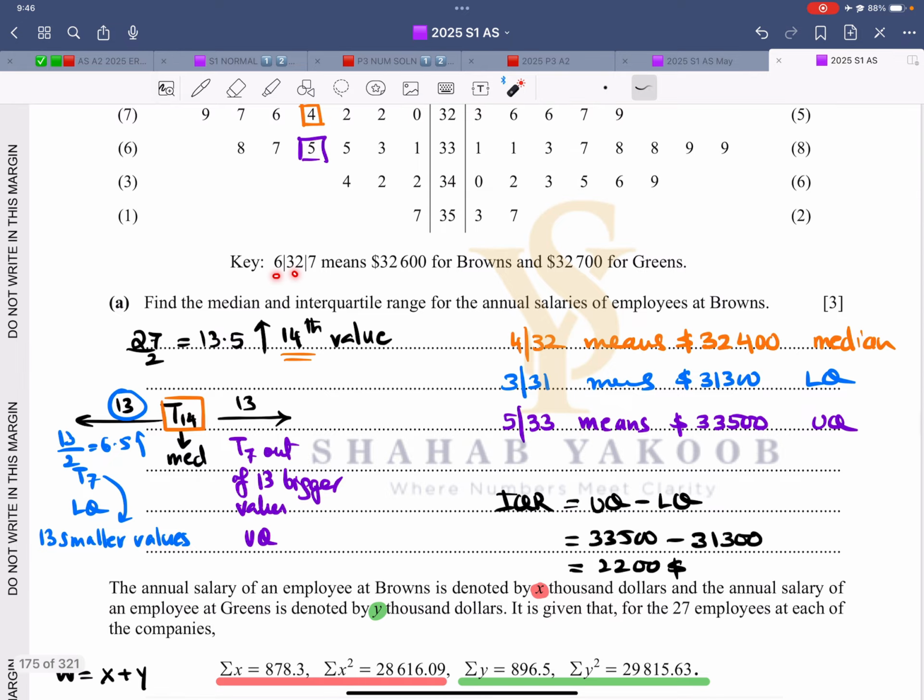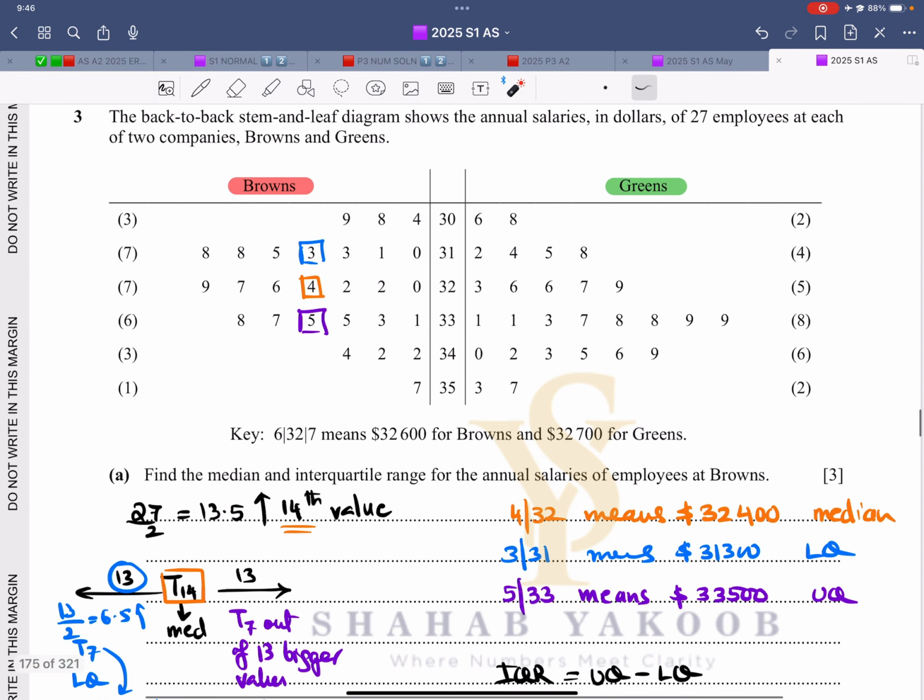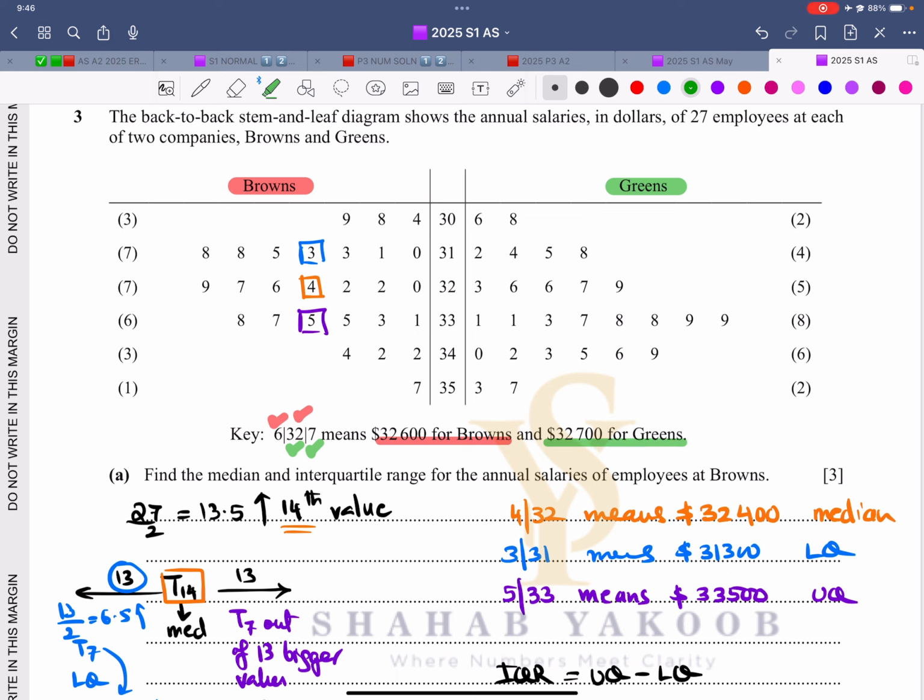Now 6|32|7. So 32|6 for browns means 32,600 for browns. So this is the red one, that is for the browns. This is 6 and 32. And then over here for the greens, 32|7 means 32,700 for greens.